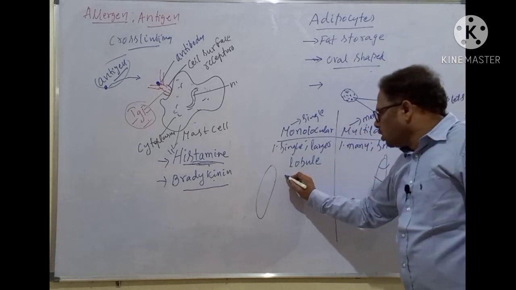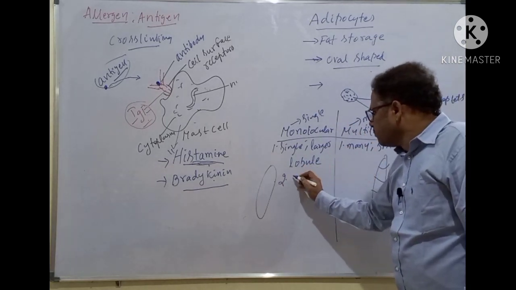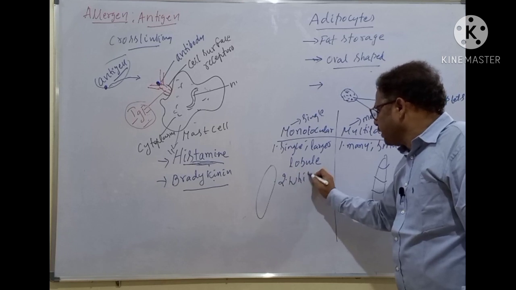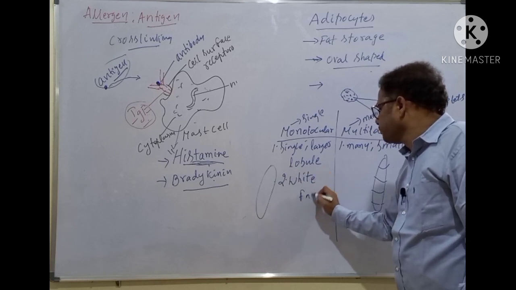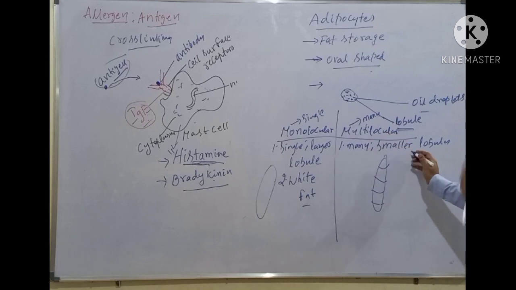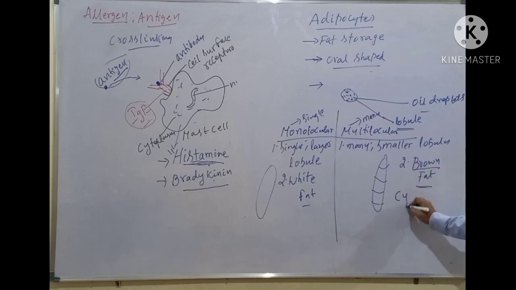This monolocular is present in the white fat, whereas multilocular is present in the brown fat. Okay, students, why is the brown color there for this one? Because of the presence of the cytochrome.